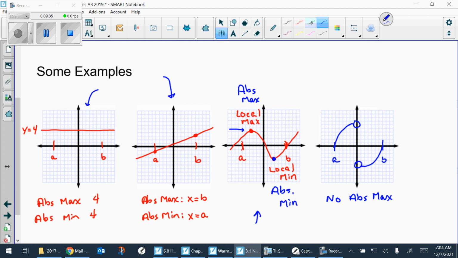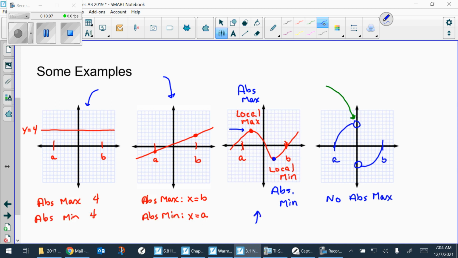Now you'd say, well, geez, it's happening right around there, just before you get to that open dot, just before x is 0, you got an absolute max. But can you give me an x value at which that occurs? Can you give me a definite number? Can you give me a definite y value? You could tell me what you're getting close to, but if you can't give me the actual value, then there is no absolute max.